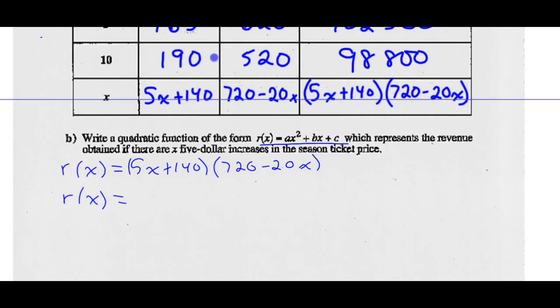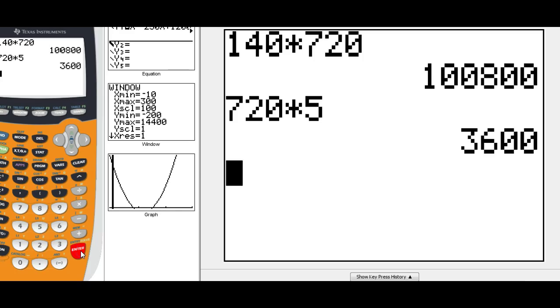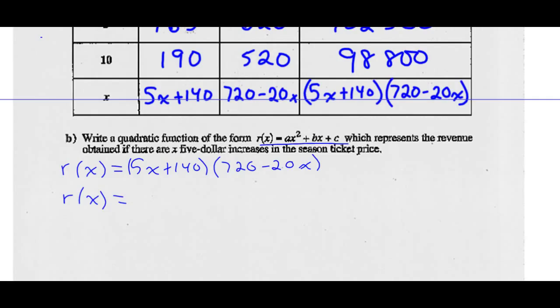So 5x times 720. Let's do those numbers. 720 times 5 is 3,600x. And 5x times a negative 20x is a negative 100x squared.